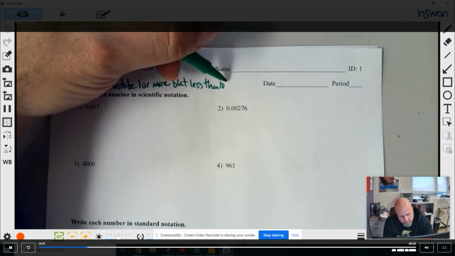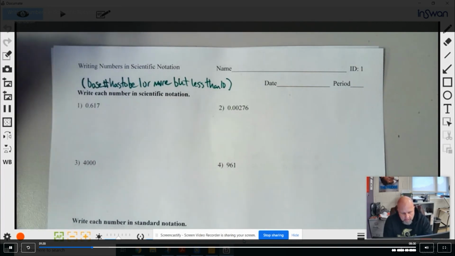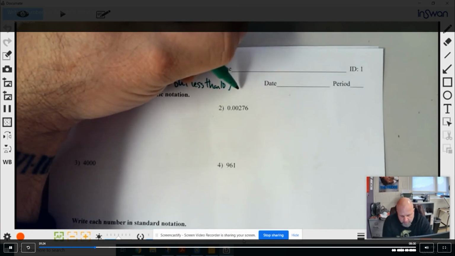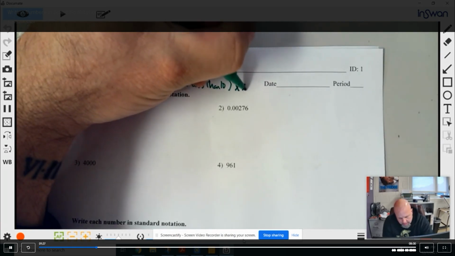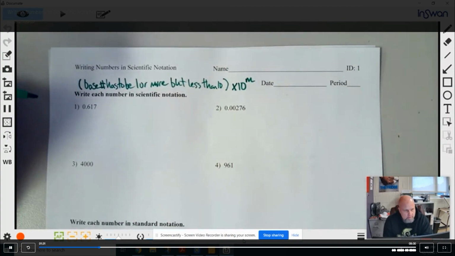So your base number has to be one or more. It can be one, but it can't be less than one. And you can go all the way up to 9.99999, but it can't actually reach 10. And then scientific notation always has times 10 raised to some exponent.